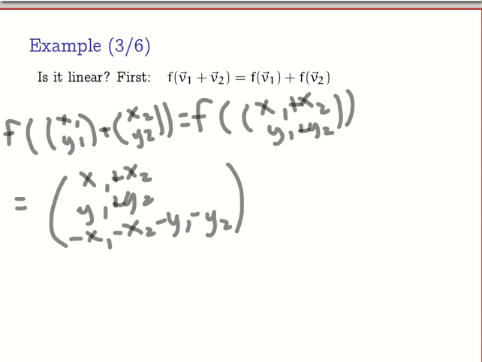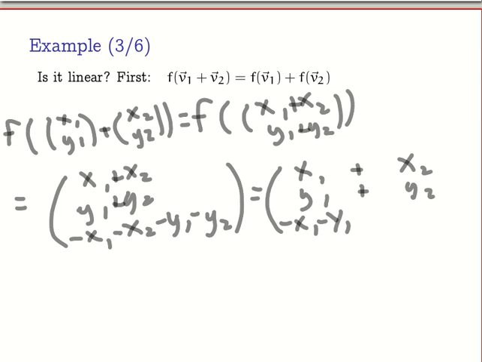And the idea now is to separate the ones on the left and the twos on the right. So we'll have (x1 plus x2, y1 plus y2), and then over here minus x1 minus y1 plus minus x2 minus y2.